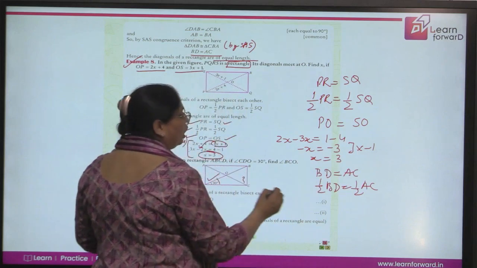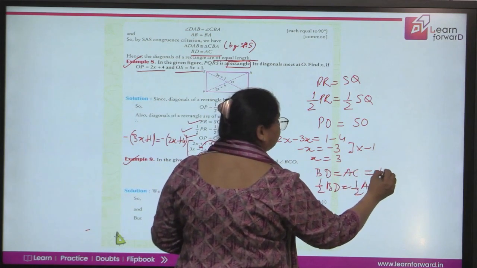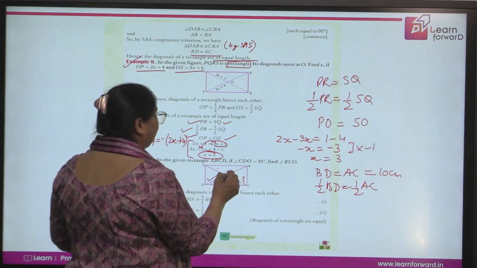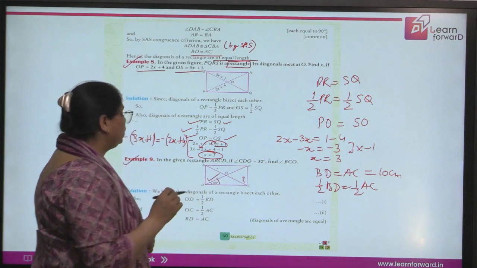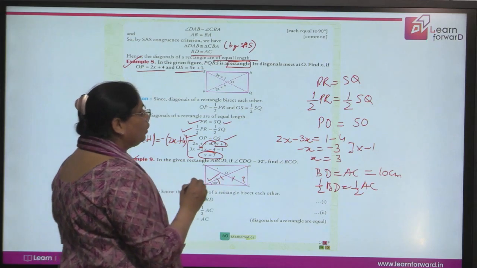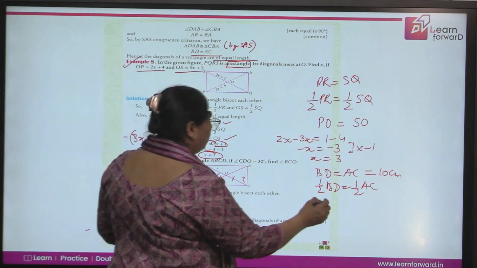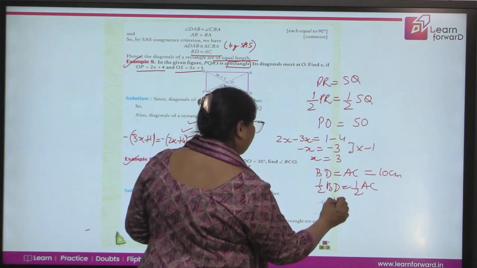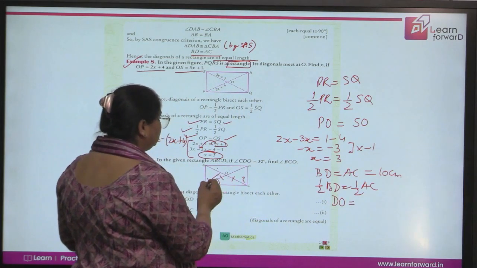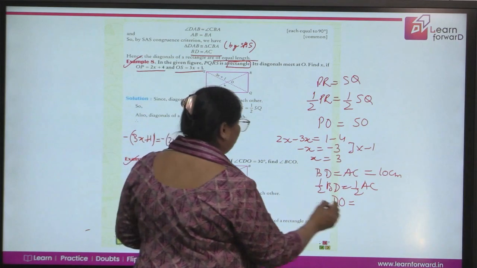Suppose both are 10 centimeters, so all these sides will be 5, 5, 5, 5. That means DO equals BO, and half of the diagonal BD, DO, must be equal to OC.